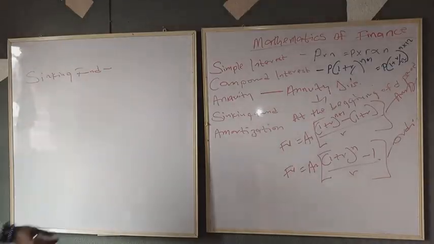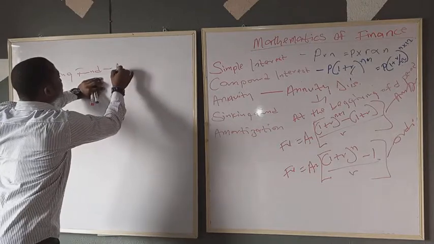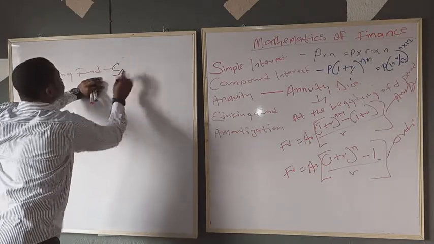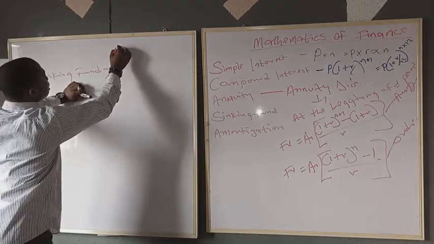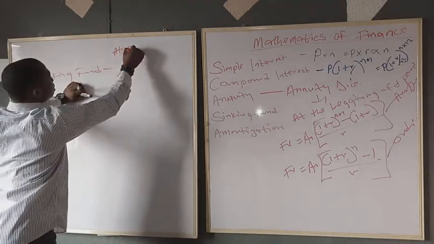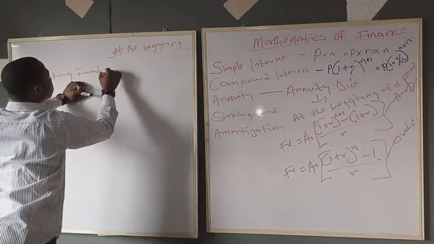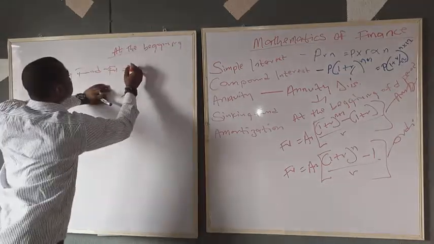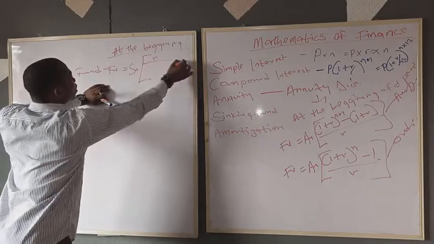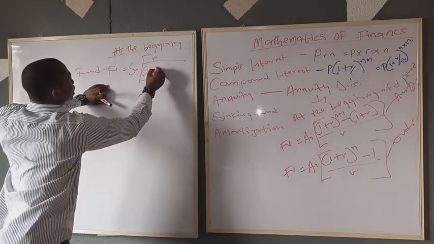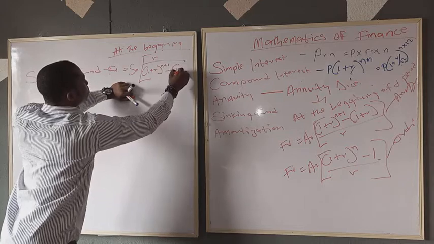So for the sinking fund, when the payment is being made at the beginning of the period, the future value of the sinking fund is going to be: sinking fund, S, equals future value times R, all over (1 plus R) to the power n plus 1, minus 1, times (1 plus R).